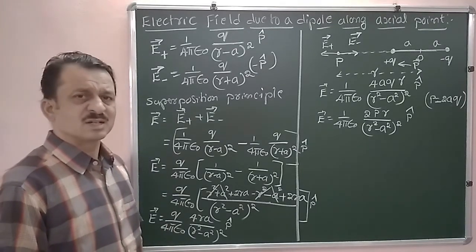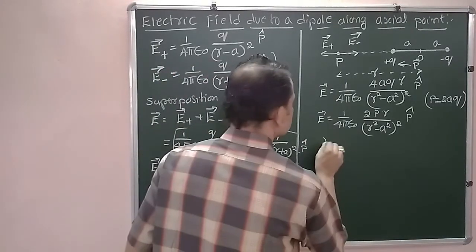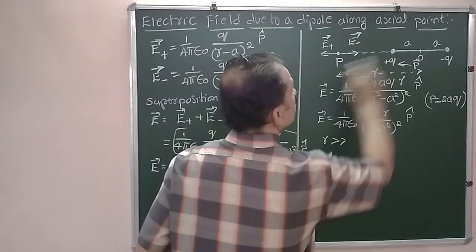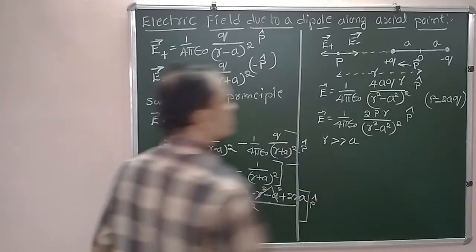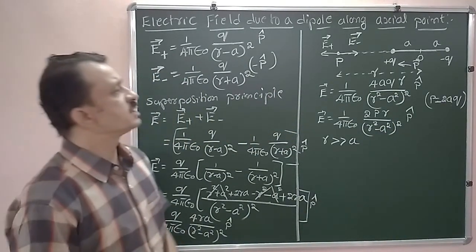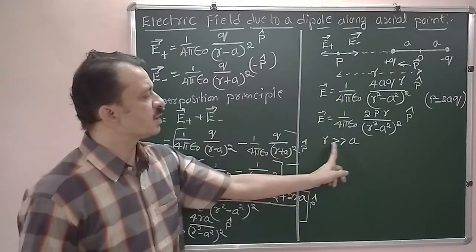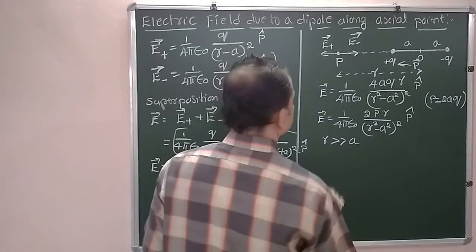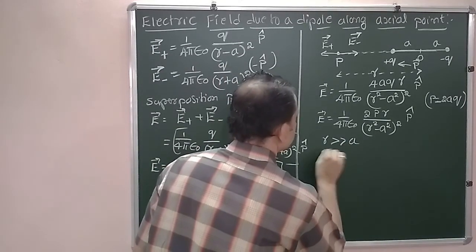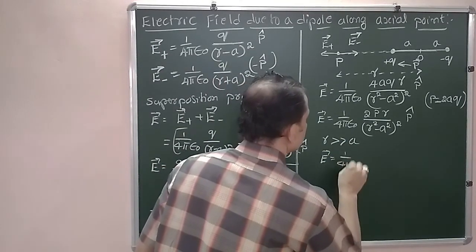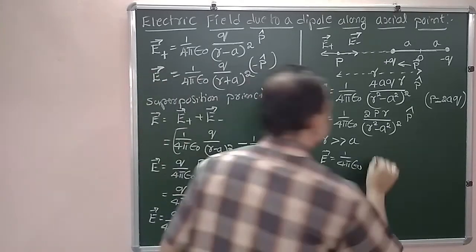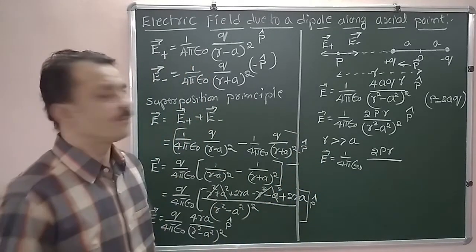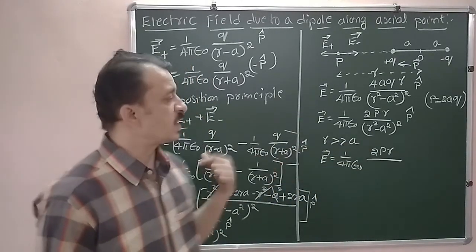Now here we will make one assumption: if the point P is very far away compared to the distance of separation of the dipole, then further simplification leads to 1 divided by 4 pi epsilon naught, 2PR divided by, in the denominator, I am taking R square outside.